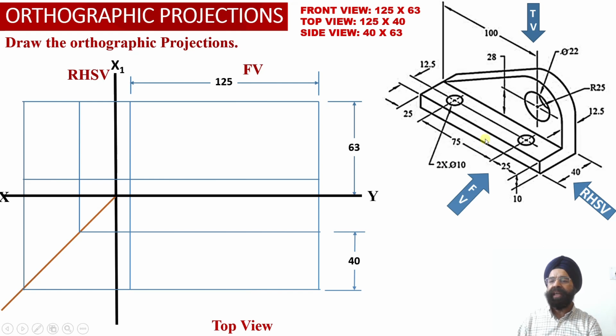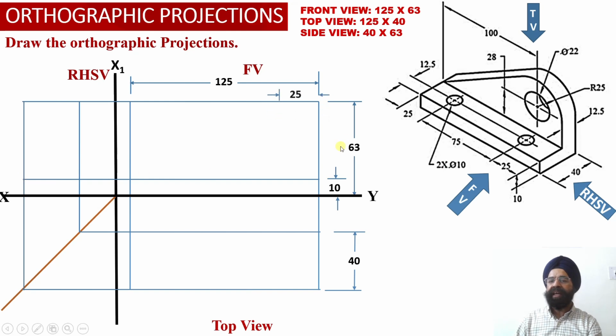So we know that element number 1 happens to be a horizontal web having height or thickness equal to 10 millimeter. So we have marked a horizontal projector line into the front view projections at a height of 10 millimeter from the base, and this horizontal projector line we have extended into the right hand side view projections as well.